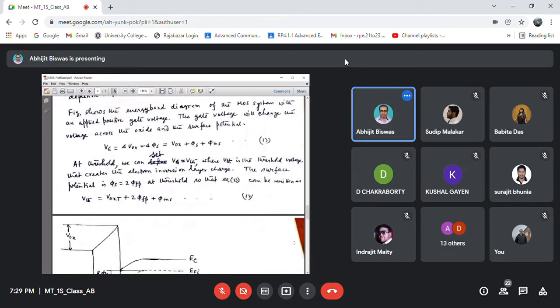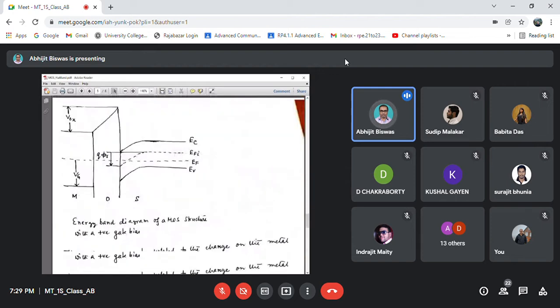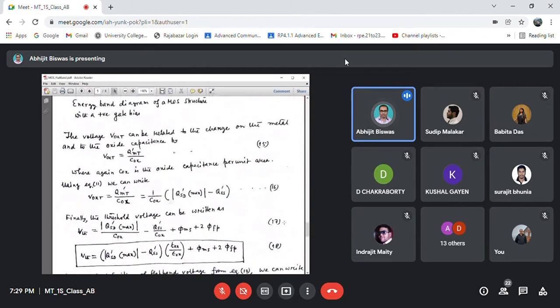So if you substitute these values from equation 11, you can arrive at this equation number 16. So use equation number 11 and 15, you can get this equation number 16.